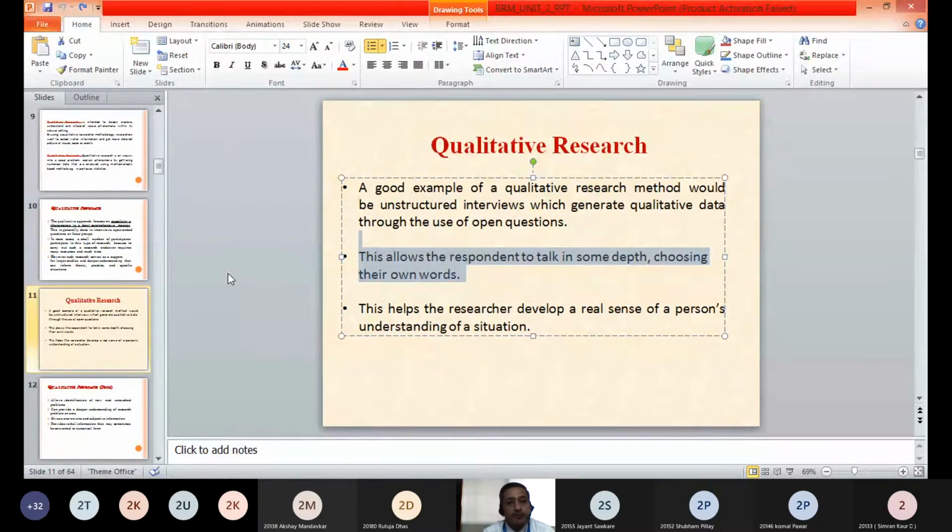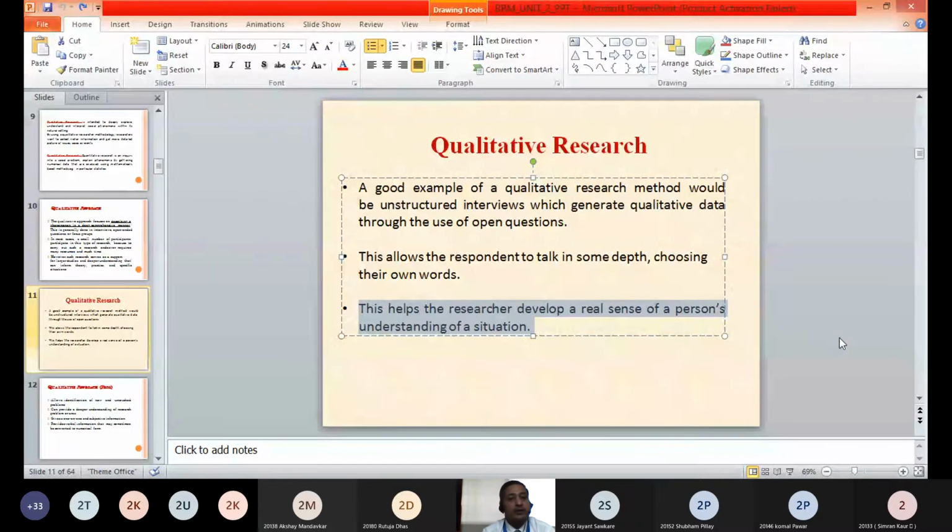This will help the researcher to develop a real sense of the person's understanding of a situation. So this type of interview or survey can help the researcher to understand that particular problem in a better way. The particular problem or situation can be better understood by this type of in-depth interview.